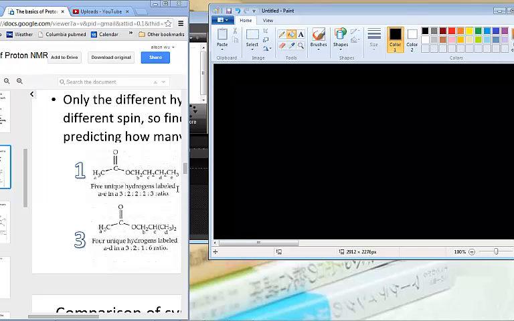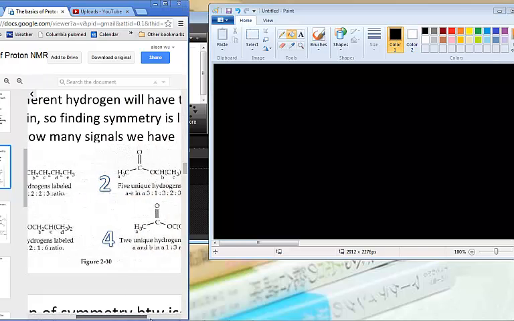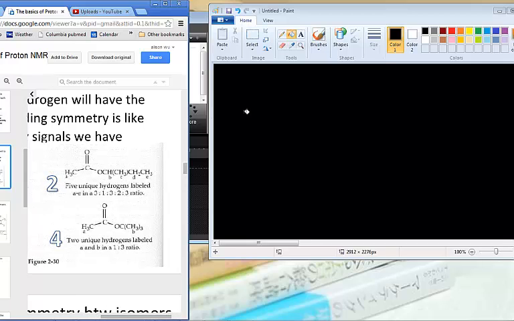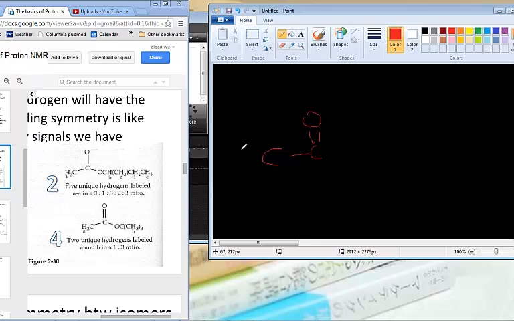So let's move on to the next one. So this molecule, let's draw it out. Okay, so we have a carbonyl group with CH3, and then O and then CH, and then CH3.